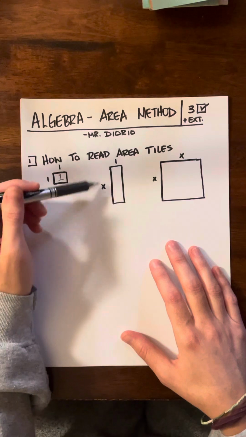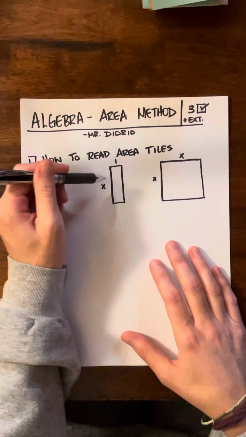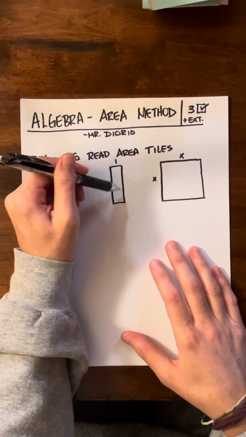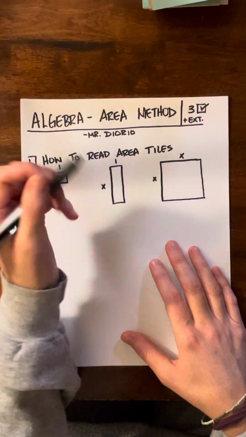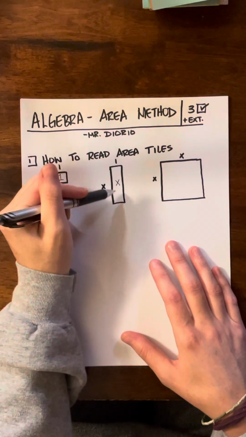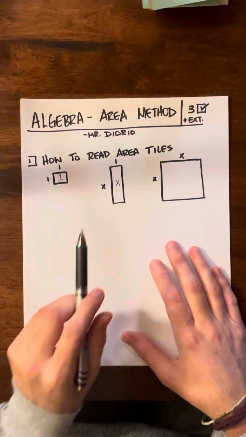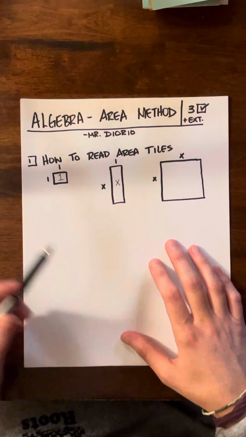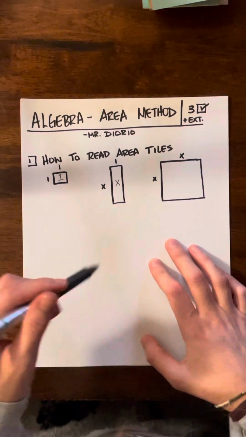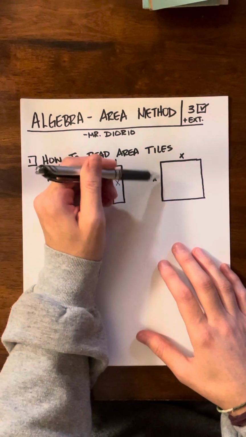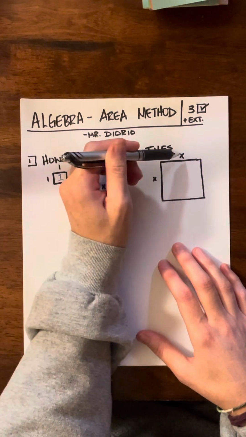Next, we have a rectangle. This side is x, this side is 1. To get the area, we do x times 1, which is x. So our rectangles are going to represent x. Next, we have our big square, and this side is x, and this side is x.